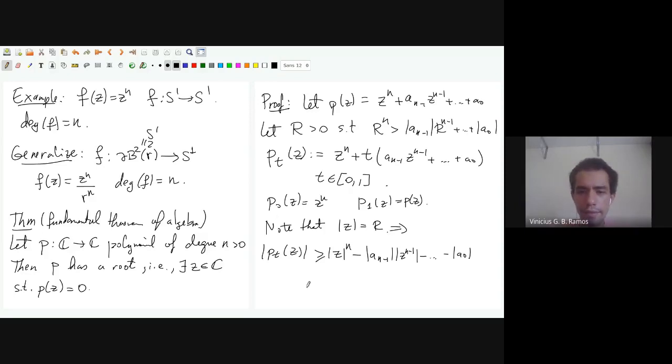Okay? And this is equal to r to the n minus the absolute value of a n minus 1, r to the n minus 1, plus etc. plus the absolute value of a0. And we suppose that r is big enough so that this is bigger than 0. So this means that the polynomial pt, sorry, this is for, so at first you have a t here, but you can get rid of the t.